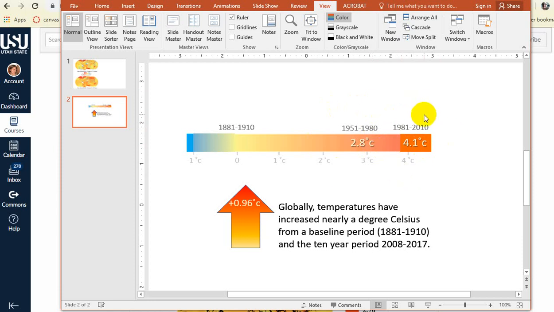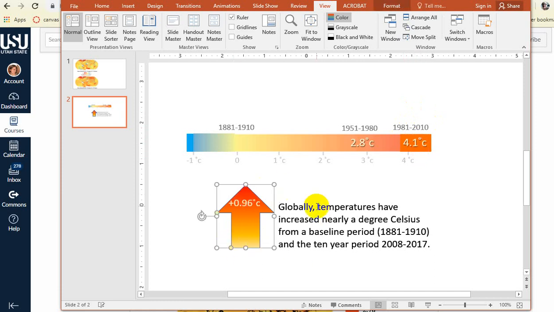I don't know that this is effective, and I don't know that it's even correct. I think it would require a lot more explanatory text or annotations to make this make sense. In particular, you don't want people left with the idea that the Earth is 4.1 degrees cooler on average, that this is only certain places on the map.